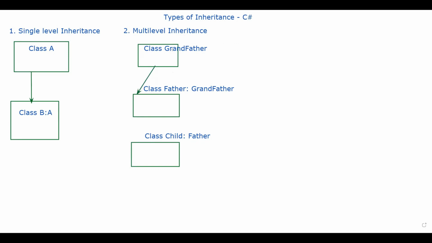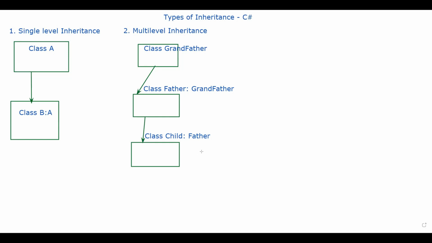Here, Grandfather is the parent class for Father, and Father is the parent class for Child. This is multi-level inheritance: level 1, level 2. More than one level we call a multi-level inheritance. We can also have one more class, Grandchild, so this is how we have the inheritance hierarchy.